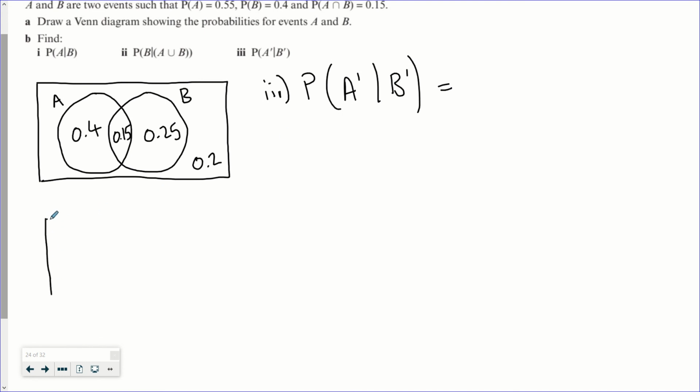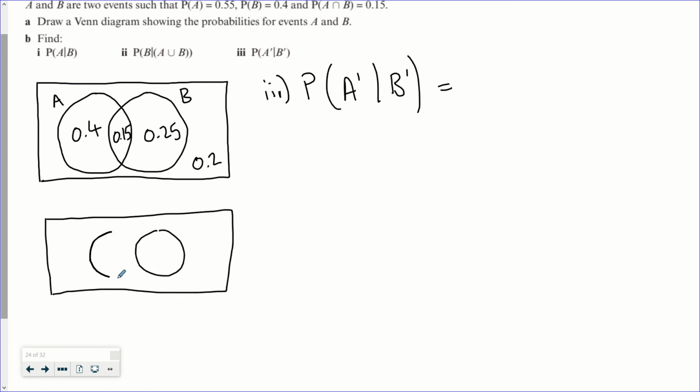So if we sketch what that region is, where B hasn't happened, we know that we're in this region, or we're in this region on the outside. So that's like our restricted sample space. We know that we're within these two regions.